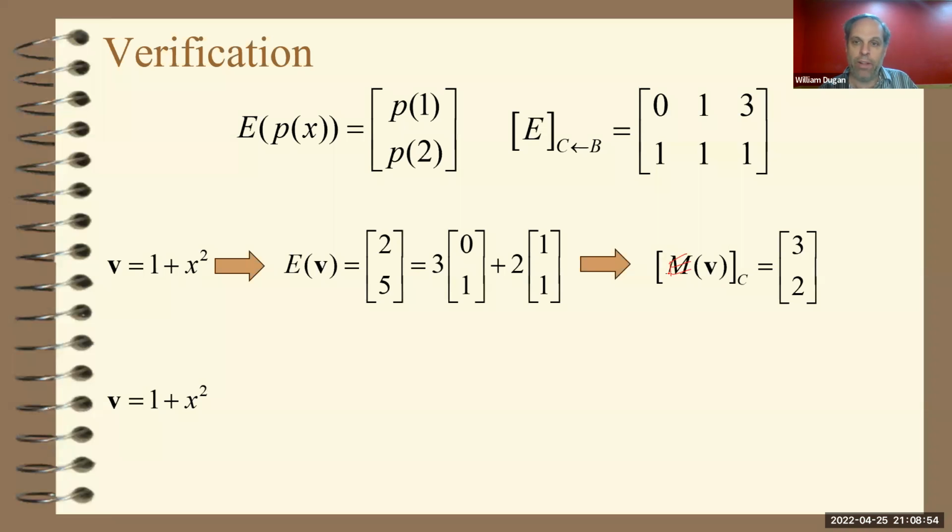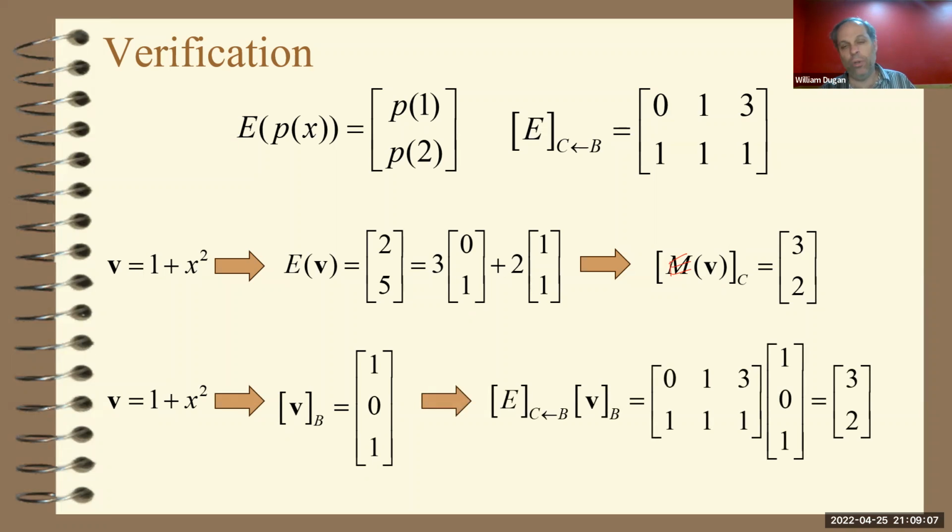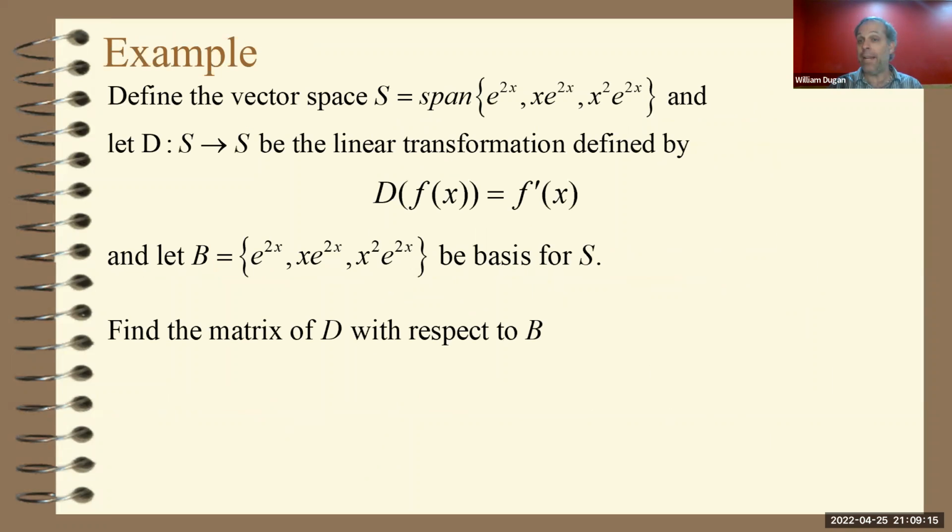This time, let's go back and find the coordinates relative to B first. Then I'll multiply on the left by the matrix of E from B to C. And that would be this product, which is, notice, the same coordinates. So you can get the same coordinates of the image either way. Either way. Great.